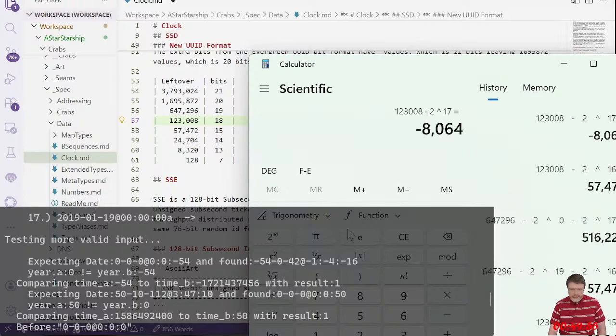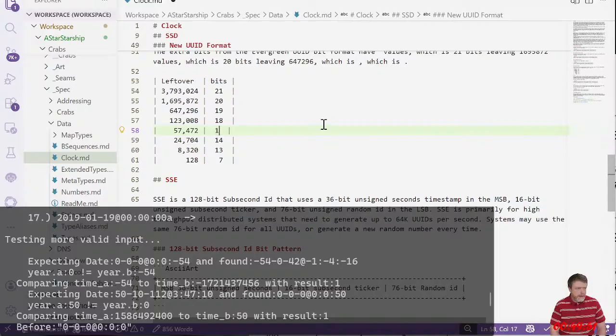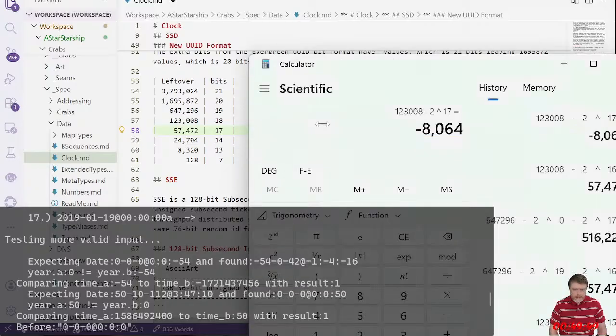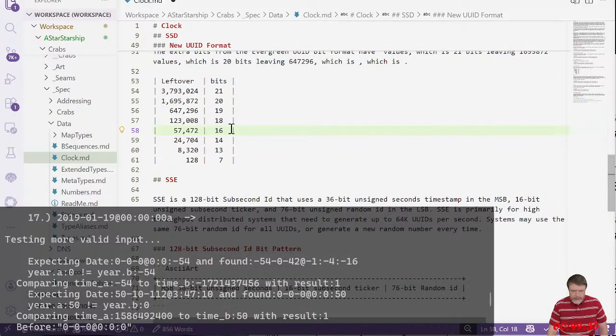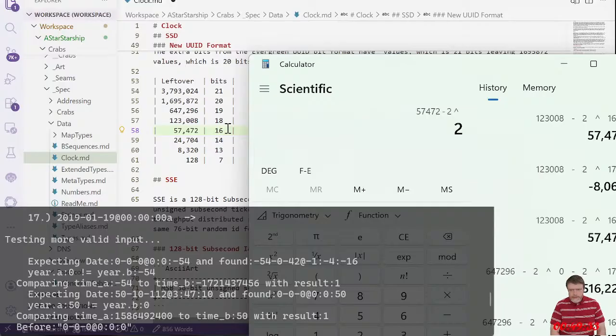No, it's the 16. Okay, 123,008 minus 2 to the... Did I just say 17? 16. Minus 2 to the 14. Hold on, let me.